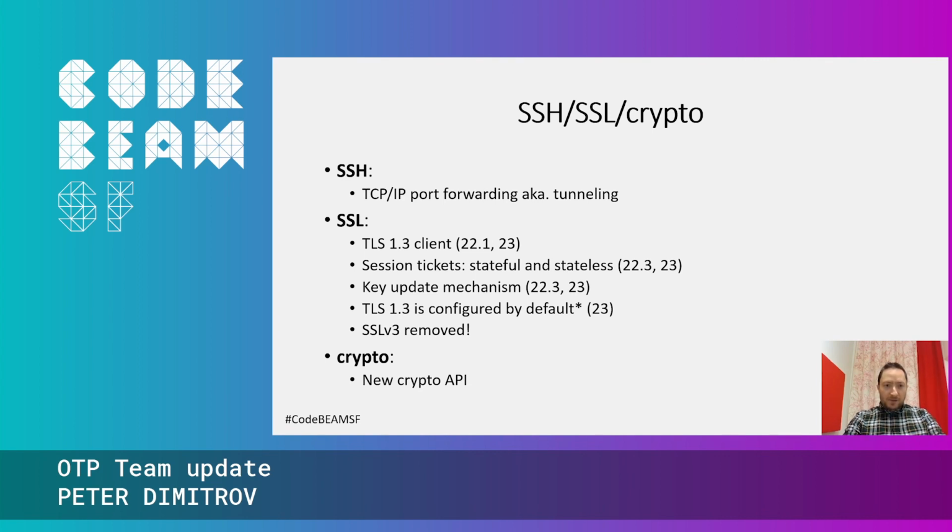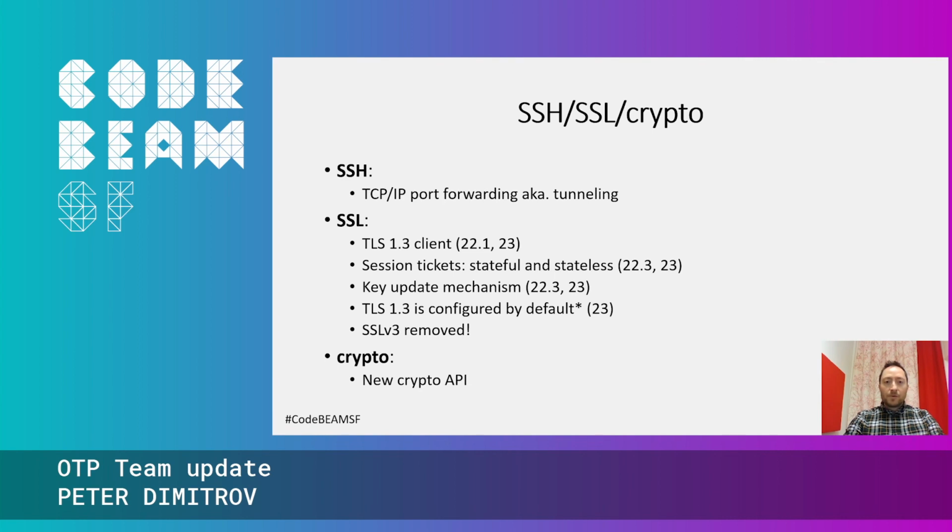It now supports session tickets, both stateful and stateless, available from 22.3, and also got a new key update mechanism, also available from 22.3. TLS 1.3 is configured by default from OTP 23. We also removed SSL v3 support with this release.